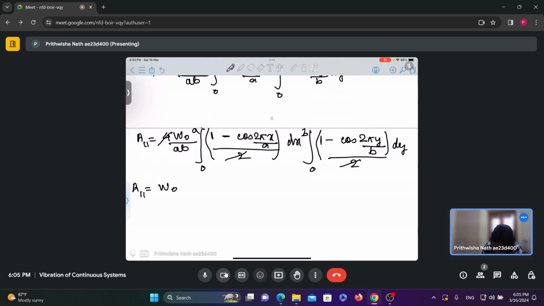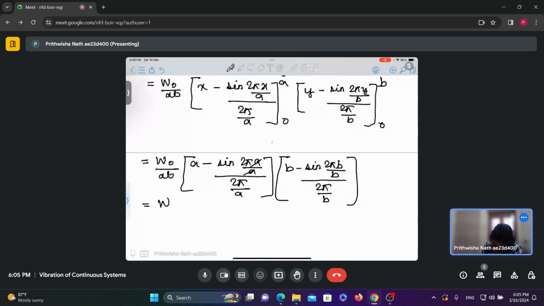So sine 2 pi is 0, therefore A is left from the first term and B is left from the second term. So this gets cancelled. Only W naught is left.